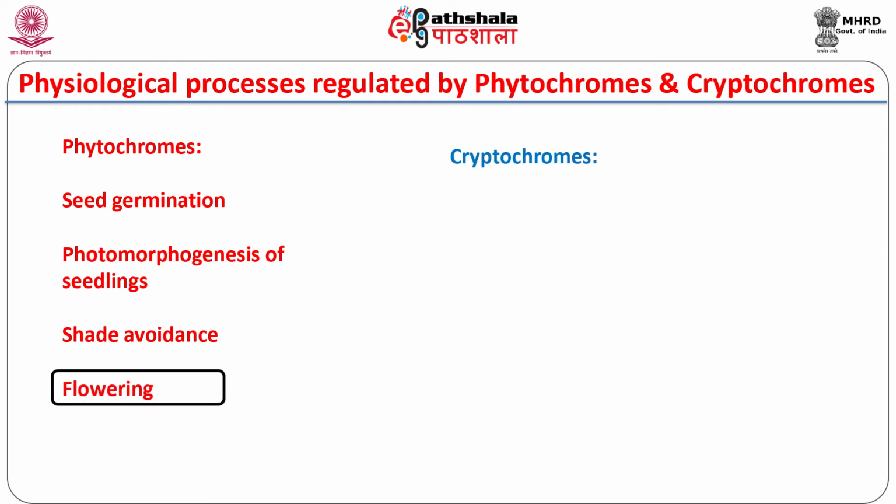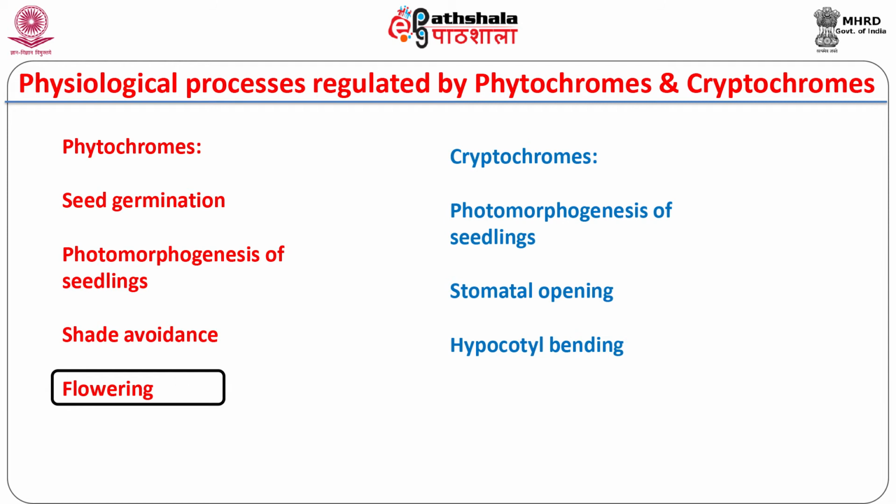Cryptochromes regulate photomorphogenesis and flowering induction like phytochromes, but also have some exclusive effects like regulation of stomatal opening and hypocotyl bending. Hence, some responses of phytochromes and cryptochromes overlap, while others are distinct.